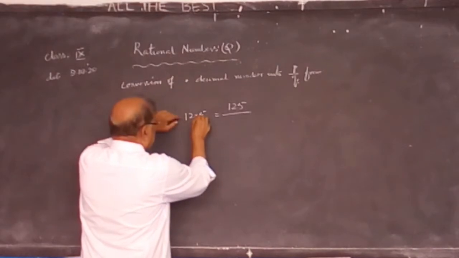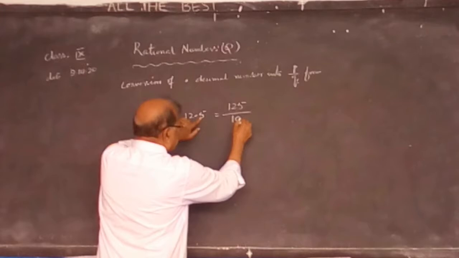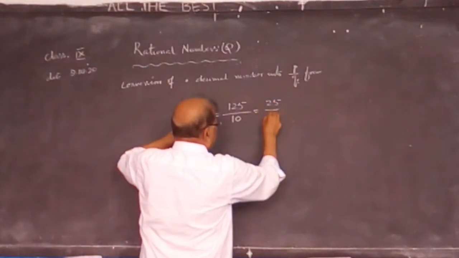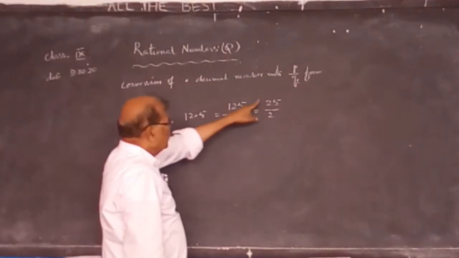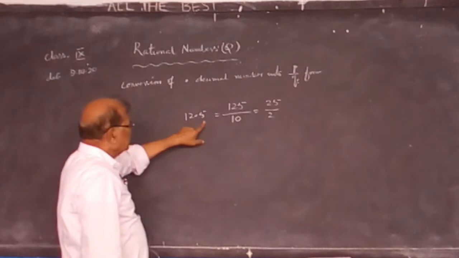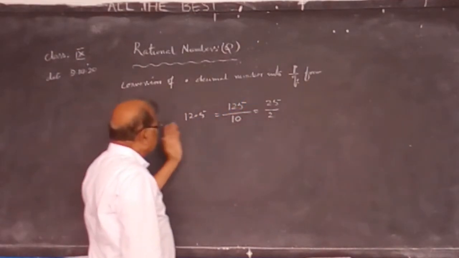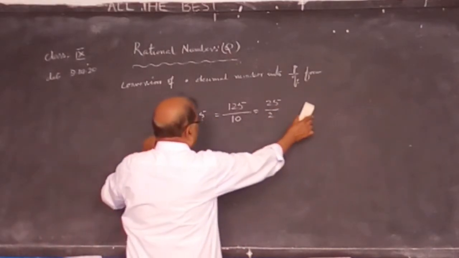And in the denominator take 1 followed by a 0, since 1 digit is there after the decimal. So this goes in the 5 table. 5 25s are 125, 5 2s are 10. So 25 by 2 is 12.5. It is decimal form, it is P by Q form. So this is the way of converting a decimal number into P by Q form.